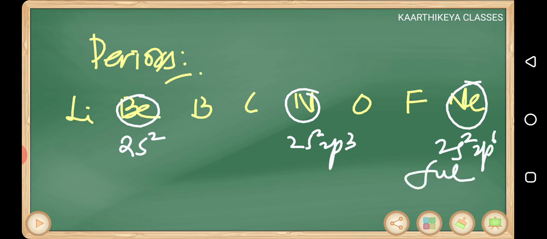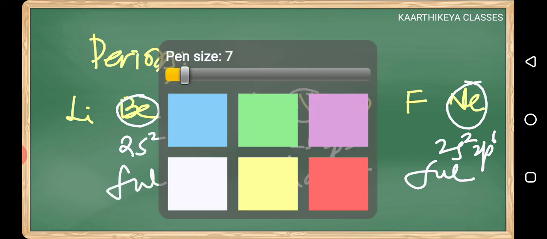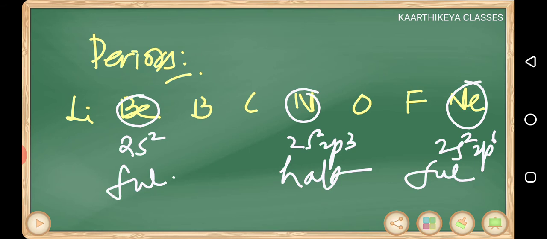This is full-filled stability, this is half-filled stability, this is again full-filled stability. So what actually happens is, when you are moving from left to right, the ionization potential increases because of the decrease in atomic radius and increase in nuclear charge. So it increases.